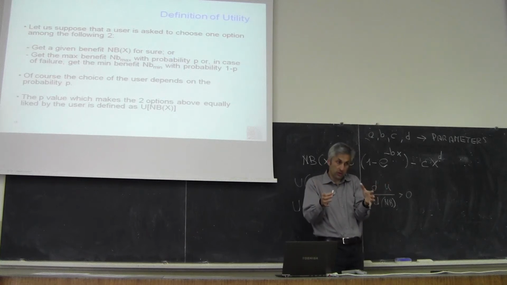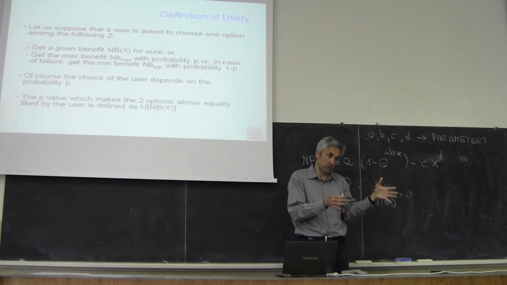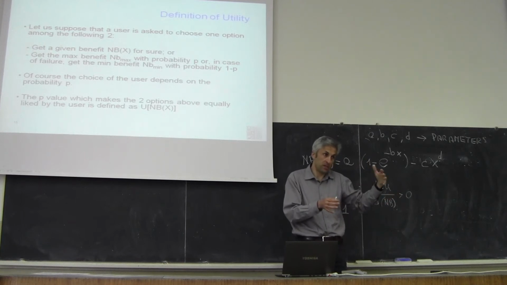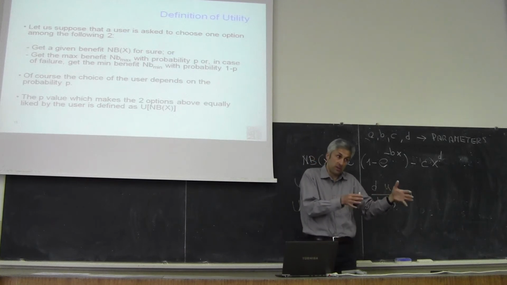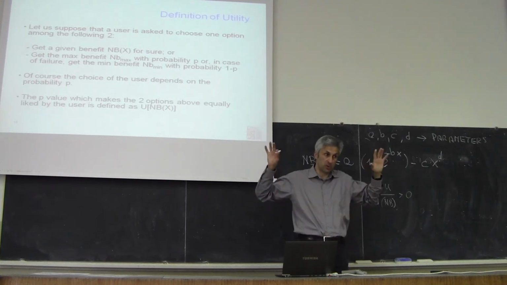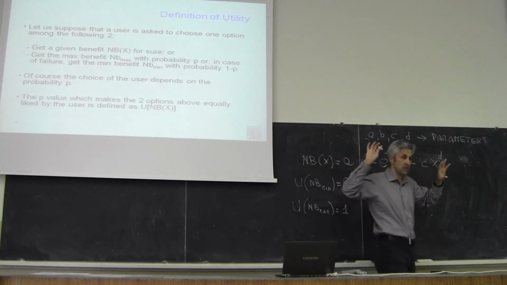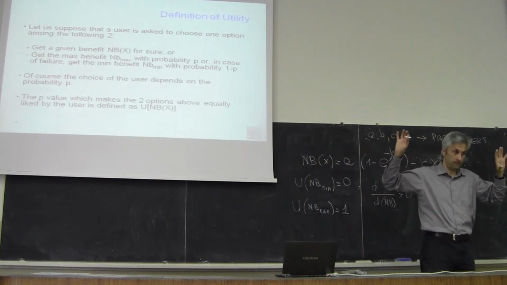Or you are given the minimum benefit with the probability 1 minus p, where p is, for instance, 60%. So you have 40% probability of getting the minimum benefit and 60% probability of getting the maximum benefit. Let's suppose, to make the example clearer, that the minimum benefit is 0 and the maximum benefit is 500.